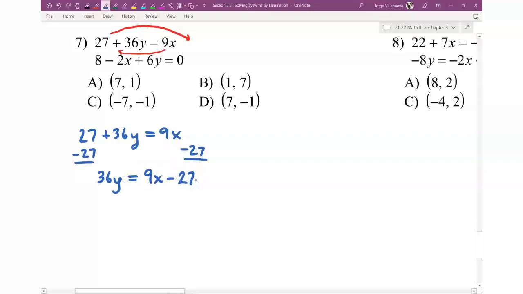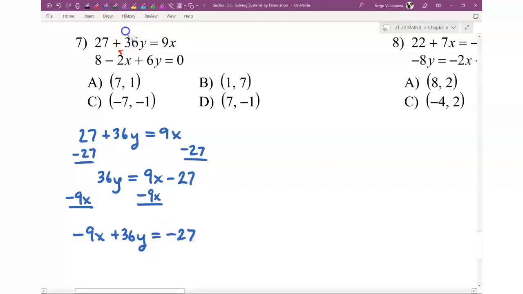And now I'm going to move the 9x to the other side. So at least it has the x and the y's on the same side. So let's subtract 9x. So this will be negative 9x plus 36y equals negative 27. So that's my top equation right there. Okay? That's my top equation.